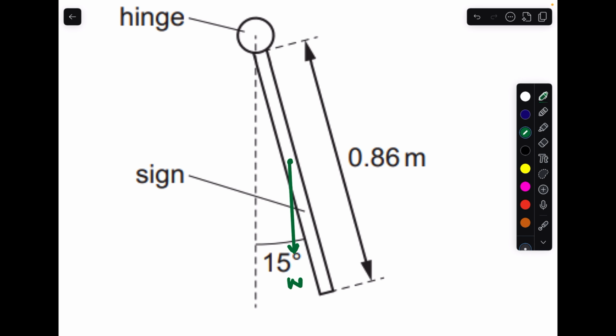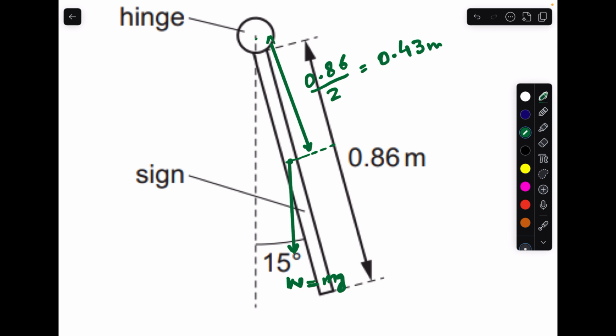And this length from the pivot point should be half of 0.86, because this is at the middle. This will be 0.43 meters. Okay. So we have to find the moment. We have the force, that is its weight. Weight will be equal to mg.